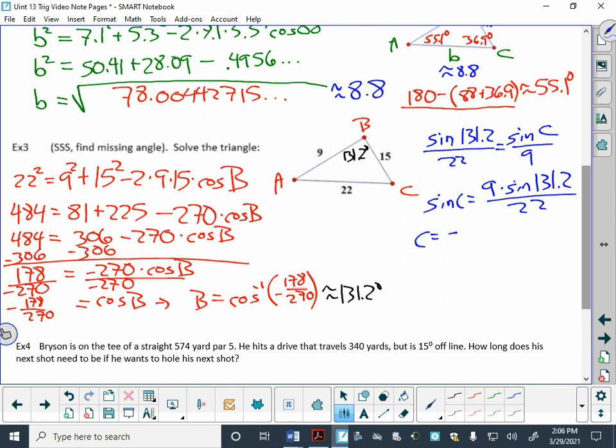So C will be the inverse sine of 9 times the sine of 131.2 over 22.